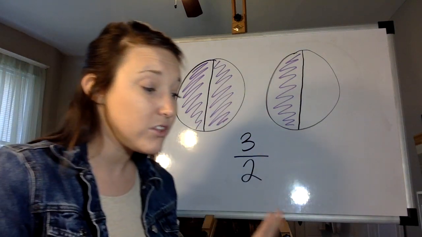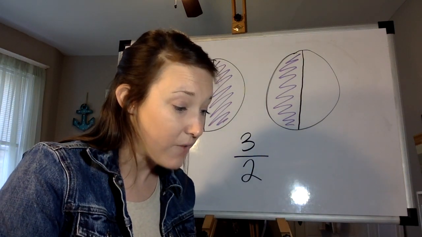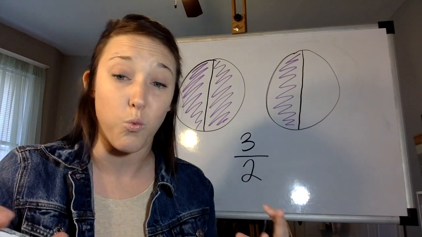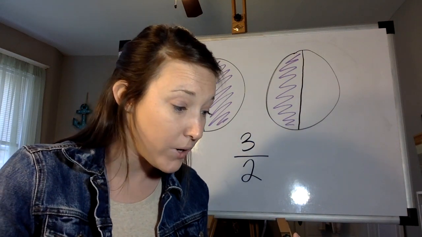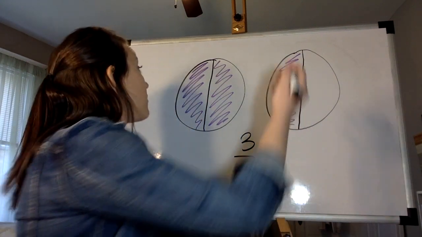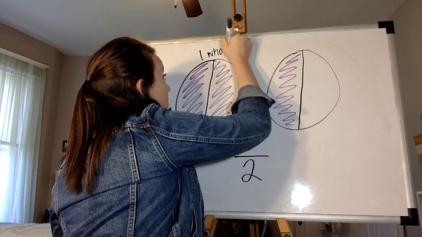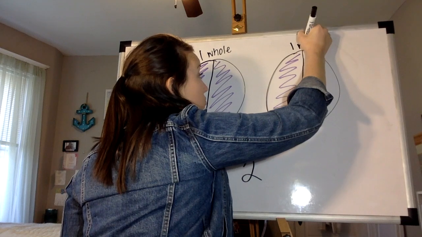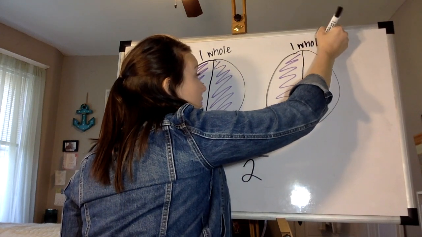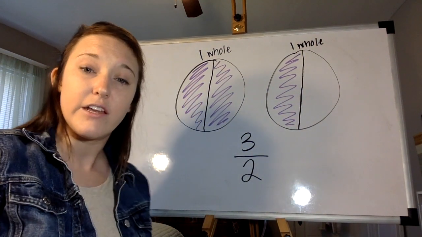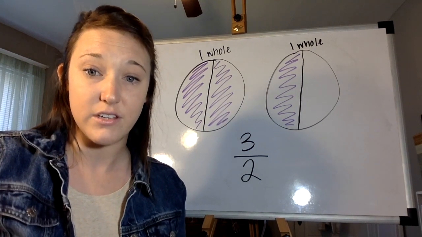However, we're only looking at halves. We need to see 1 circle is 1 whole, not both circles is 1 whole. Okay, so this circle is 1 whole, and this circle is 1 whole. And they are each divided equally into halves. Okay?